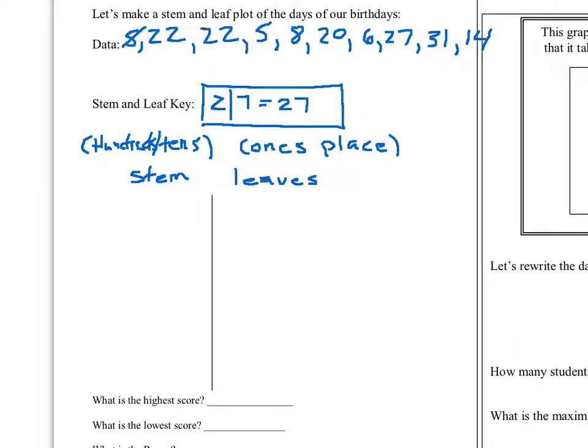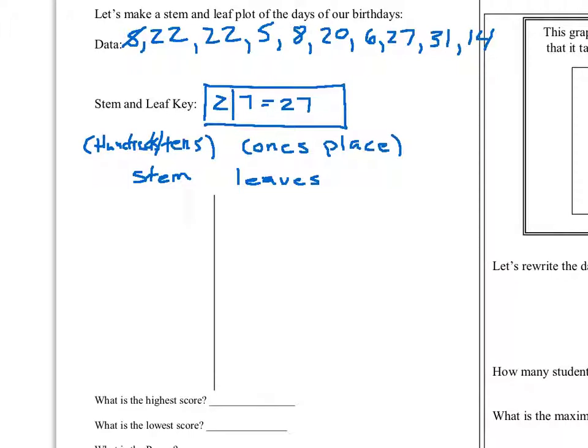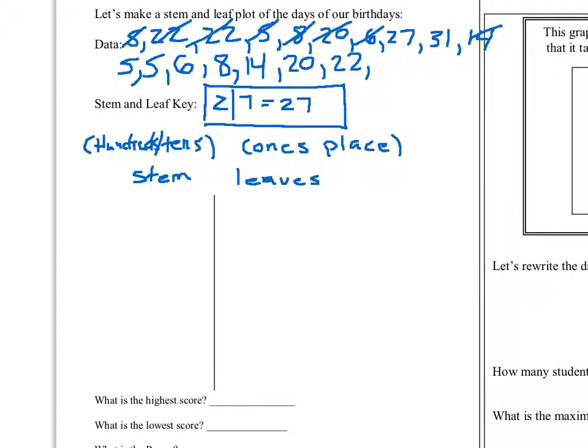I'm starting with 5, 5, 5, 6, 8, 14, 20, 22, 22, 27, 31.